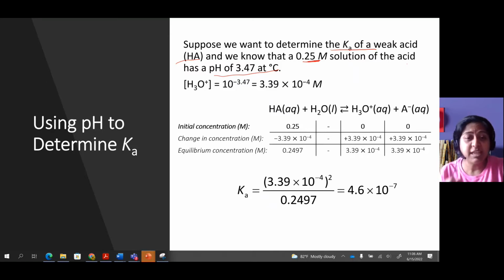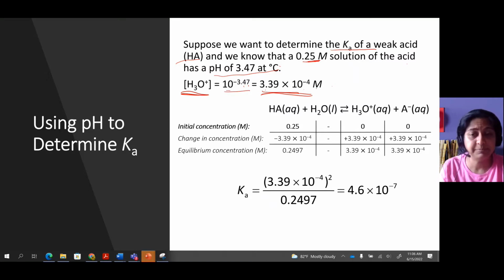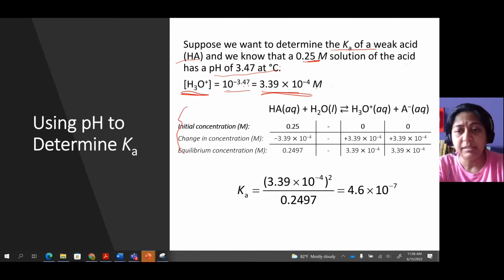Yes, we need to change the pH to the concentration of the hydronium ions. So we use the formula 10 to the negative pH. pH is 3.47 and we calculate the H3O+ concentration for this solution as 3.39 times 10 to the negative fourth.